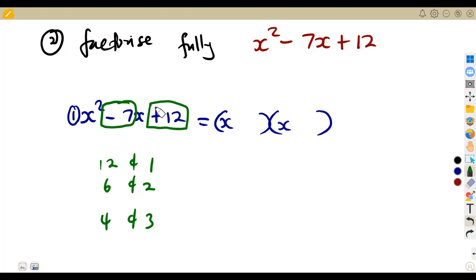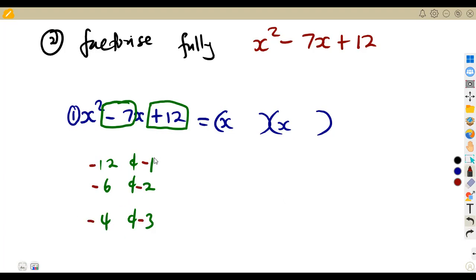If only one is negative, it does not give us the positive 12. So both numbers have to be negative, so that we have a positive at the end. So I'm going to put a negative on each of these numbers.